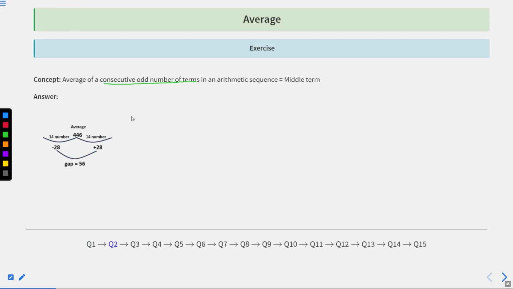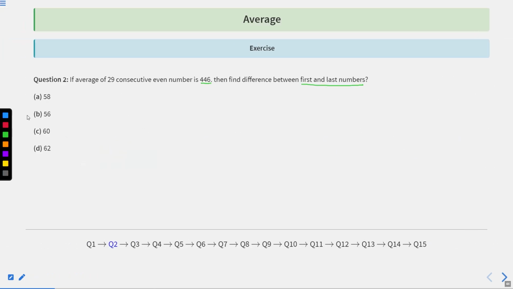So since it's the middle term, 14 numbers will be there on the left and 14 numbers will be there on the right. And we have to add 28. And the total gap between minus 28 and 28 is 56. So the correct option should be 56.